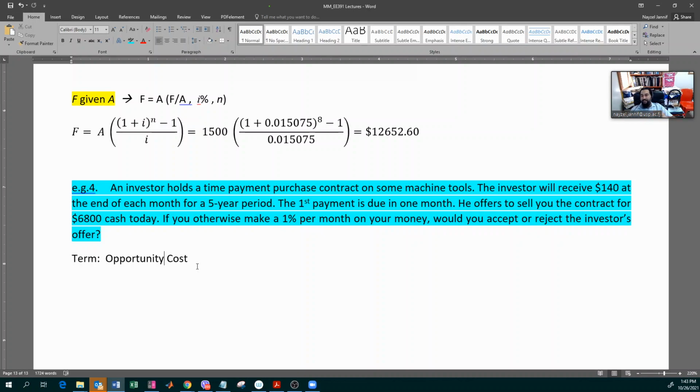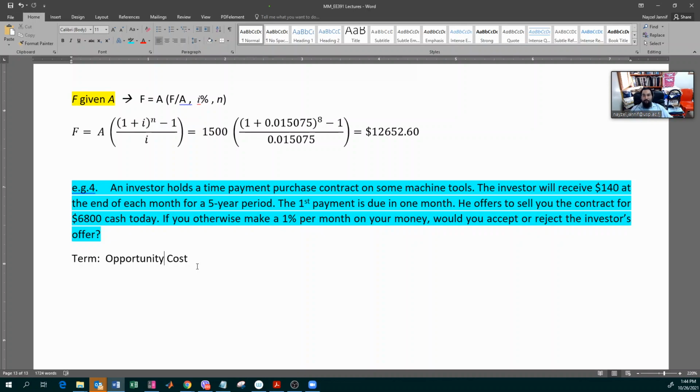So the opportunity cost for the movies was the wine and dine, or the opportunity cost for the wine and dine was your movies. So guys, when I mention something like this verbally, I hope you're noting it down in your lecture notes.